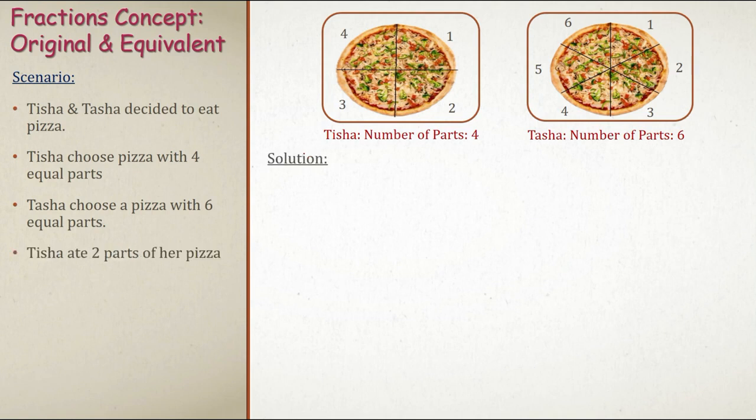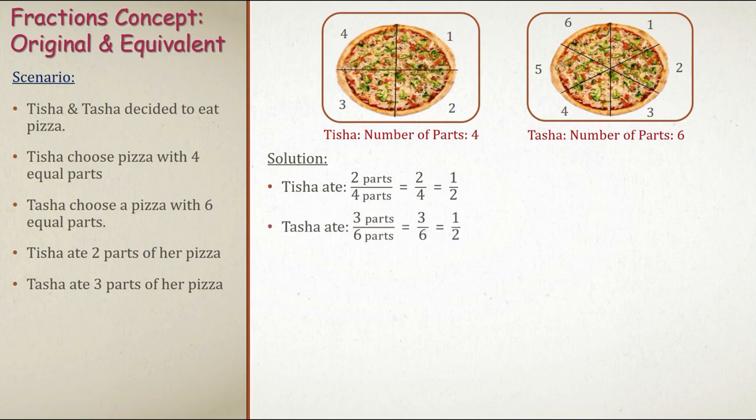Now Tisha ate 2 parts of her pizza. So basically Tisha ate 2 out of total 4 parts, which is 2 by 4, which is equal to half. Correct? 2 ones are 2, 2 twos are 4, right? And Tasha ate 3 parts of her pizza, which is 3 parts divided by total 6 parts, equal to 3 by 6, which is again half.